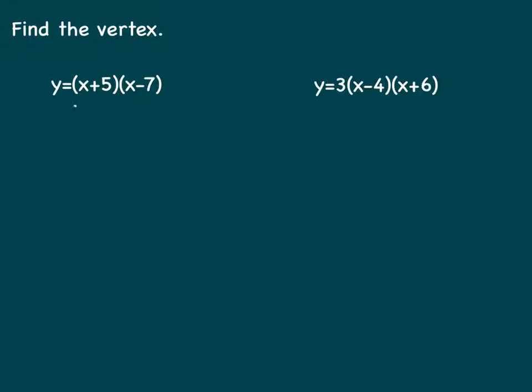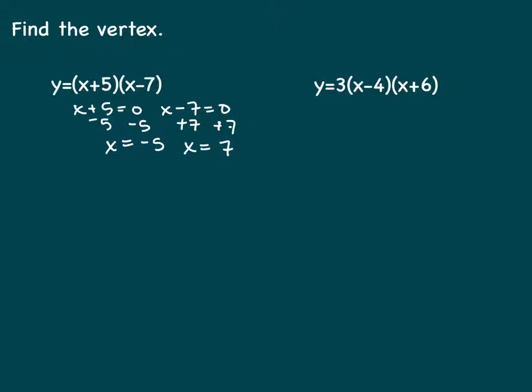So first off, finding our x-intercepts: x plus 5 equals 0, x minus 7 equals 0. Subtract 5, add 7. So x equals negative 5, and x equals positive 7.